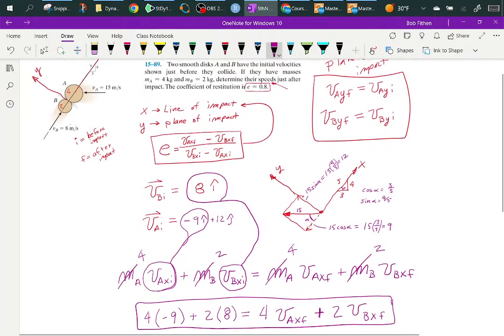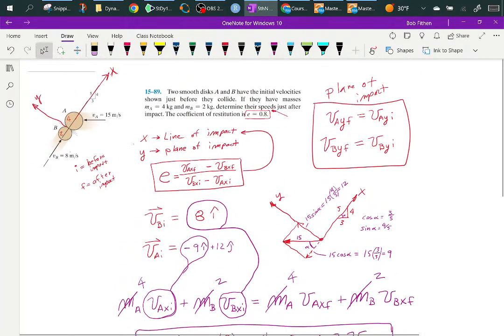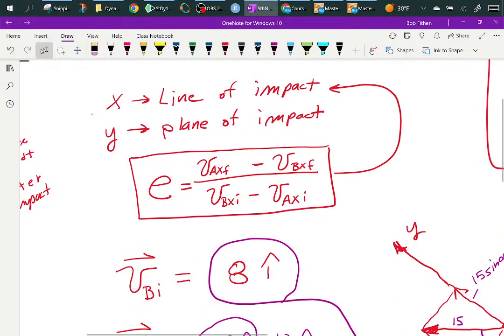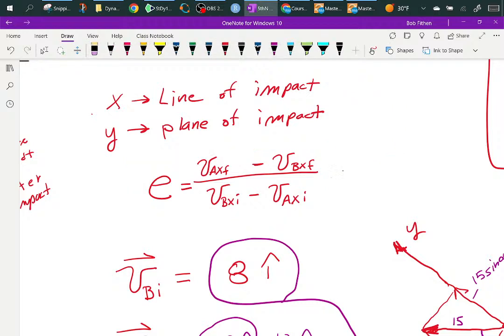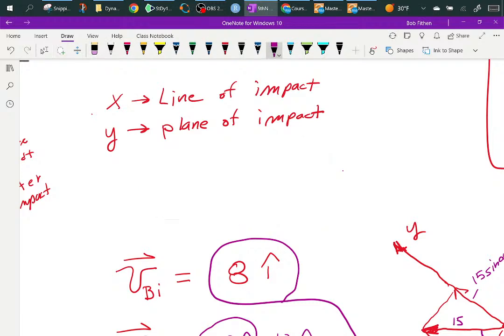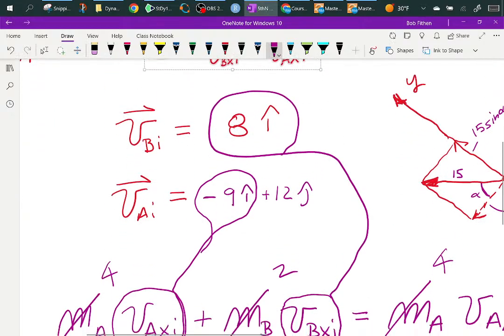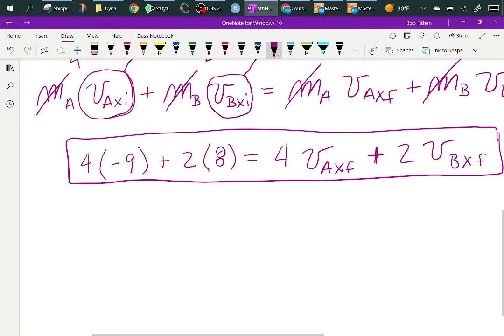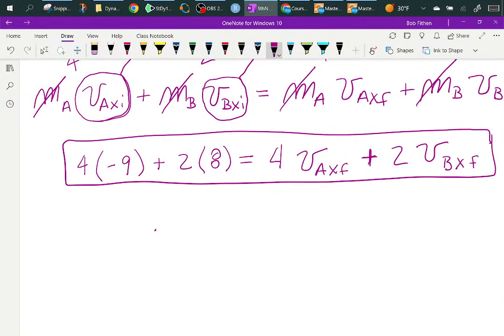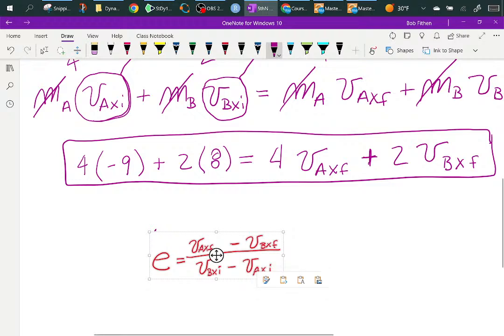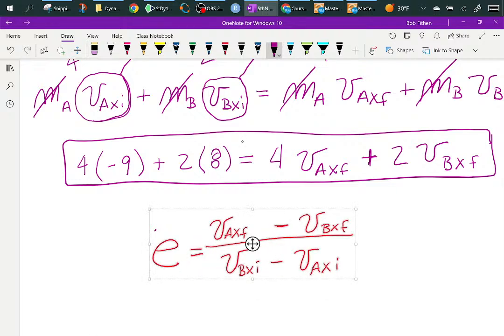Then I'm going to make use of this equation right here. The way I'm going to do that, I'm just going to copy it, go down here and put it right here, and I'll make it a little bigger.